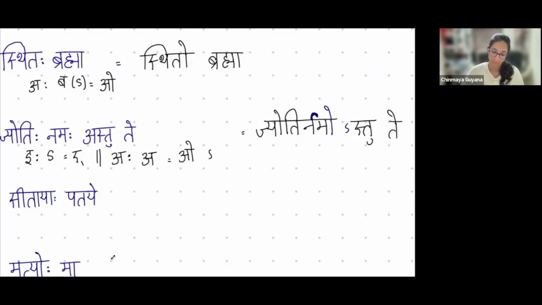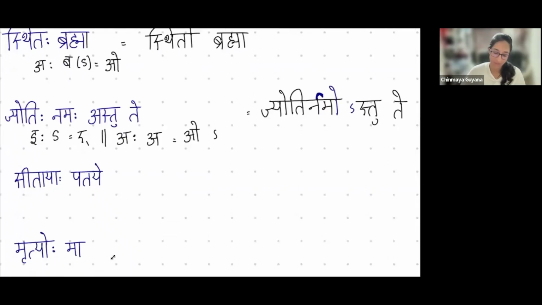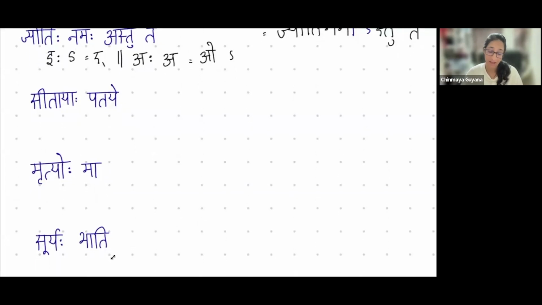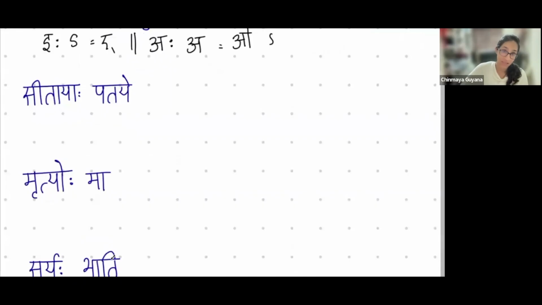Okay. How many things to tell? When we practice, they get clear, no? When you practice, they get clear. And when you make the mistake, you'll never make the mistake again. Okay, continue. Sitayaha pataye. You have a A followed by P. P is a hard consonant. What happens when you have A meeting a hard consonant?